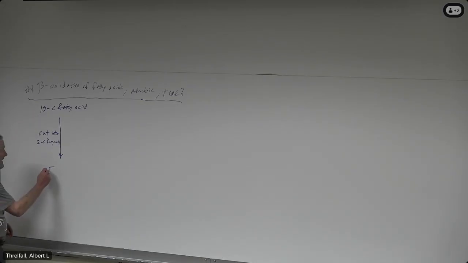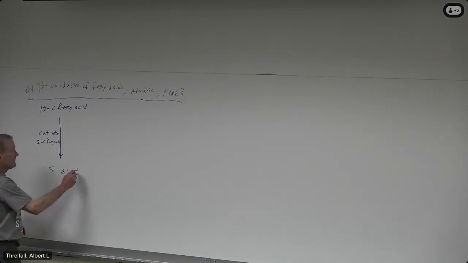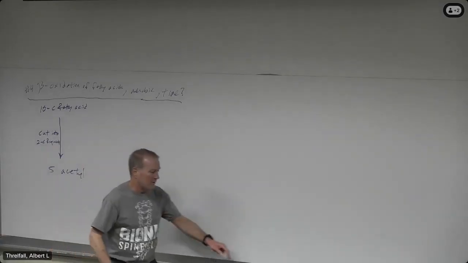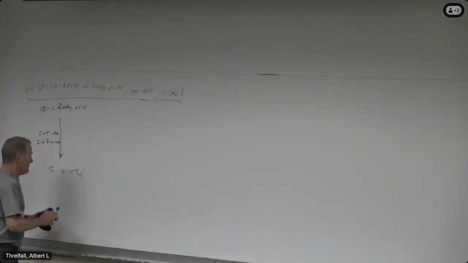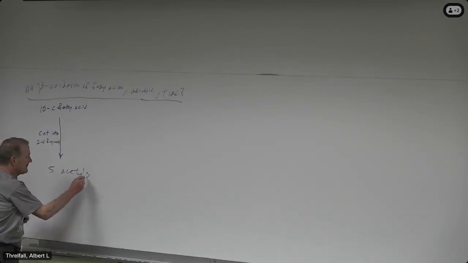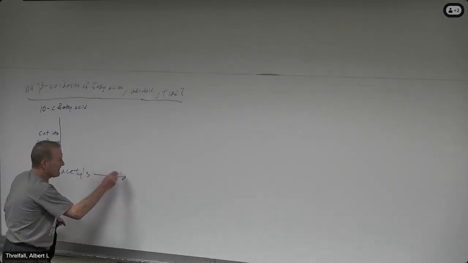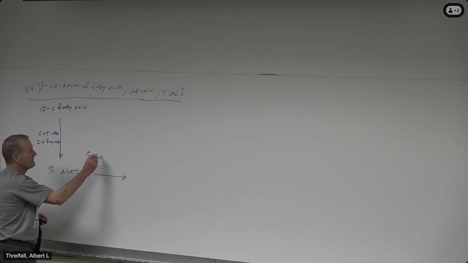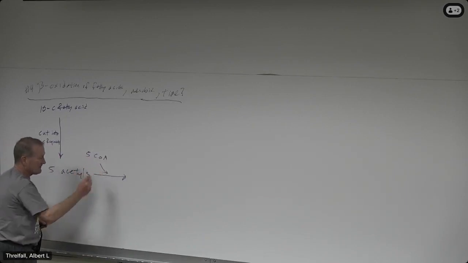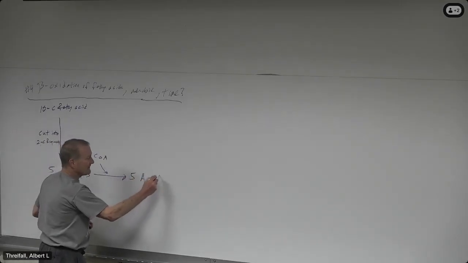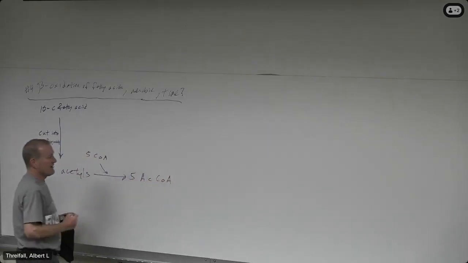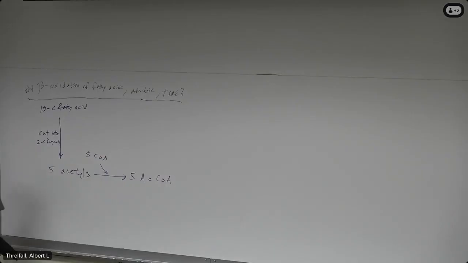So we get 5 acetyls. Now we have to add 5 coenzyme A's. Now we have 5 acetyl coenzyme A's. See, we have entered the carbohydrate pathway.